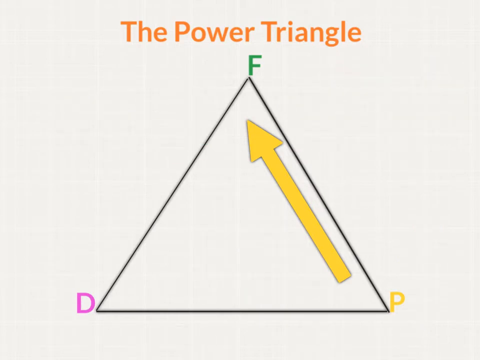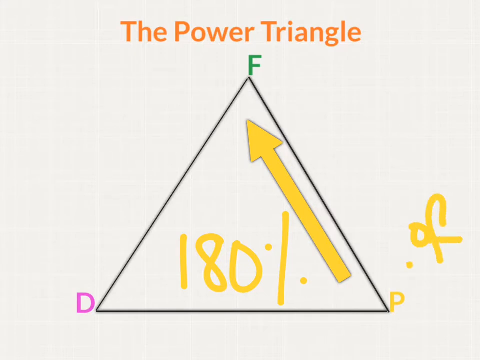Now, what happens when my percent is more than 100? Like, can I have 180%? Well, the answer is, of course. If percent means of 100, I can have more than 100 hundredths. I can have more than one whole thing.